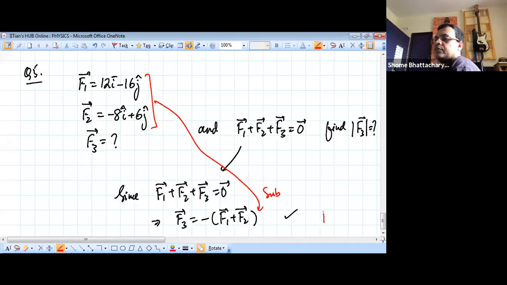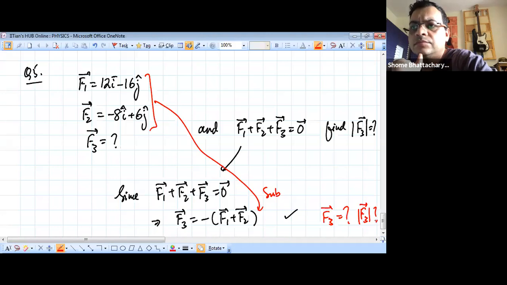And from this you'll be able to find out F3, and from that you'll be able to find out the magnitude of F3. Try out this question by this method now.